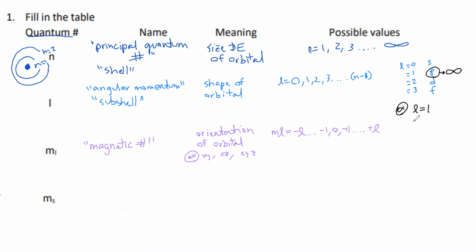So what are the possible ML values? L is equal to 1, that lets us know we have a peanut. The ML values we can have will be down to negative L, so -1, all the way up to 0, and all the way up to positive 1. This lets us know we have 3 ML values, or 3 orientations.